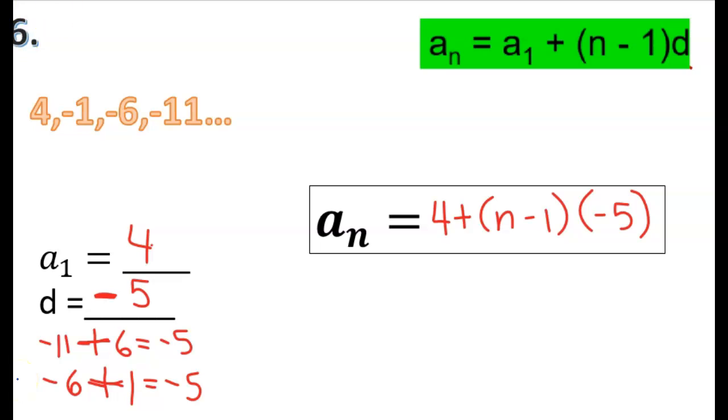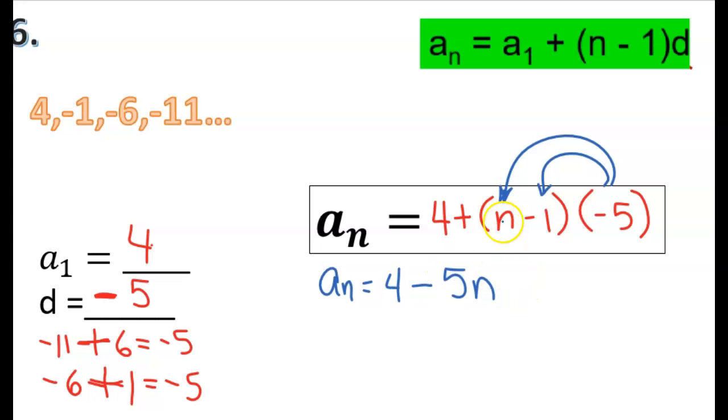When you have the number outside of a parentheses, you can distribute that number. N times a negative 5 would be a negative 5n. Negative times a negative would make a positive 5.